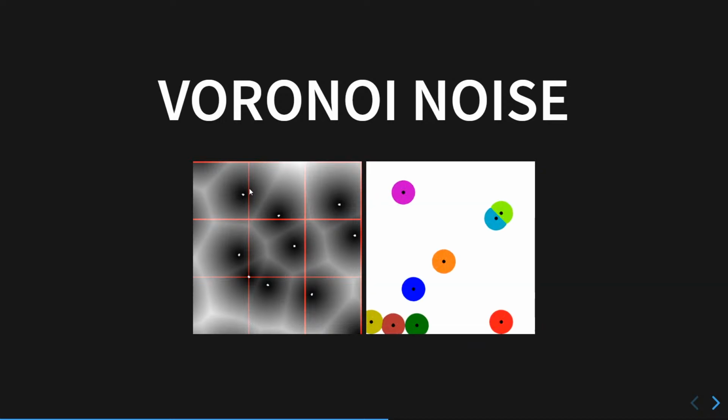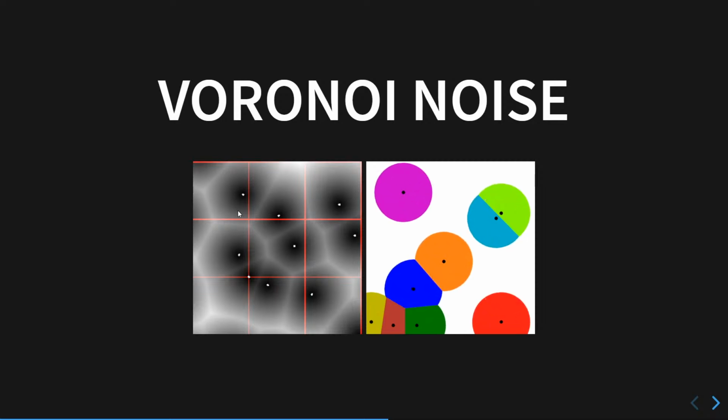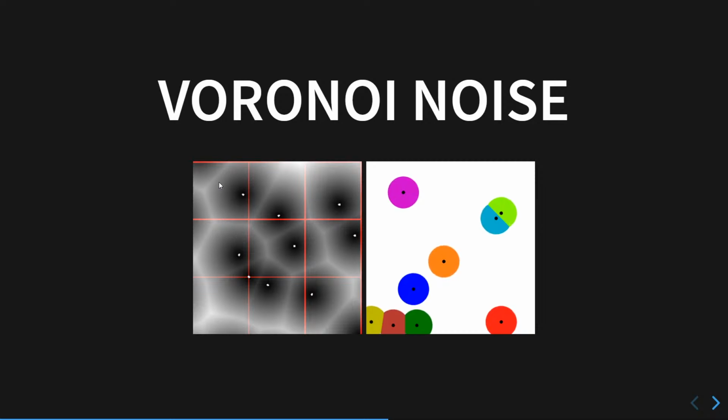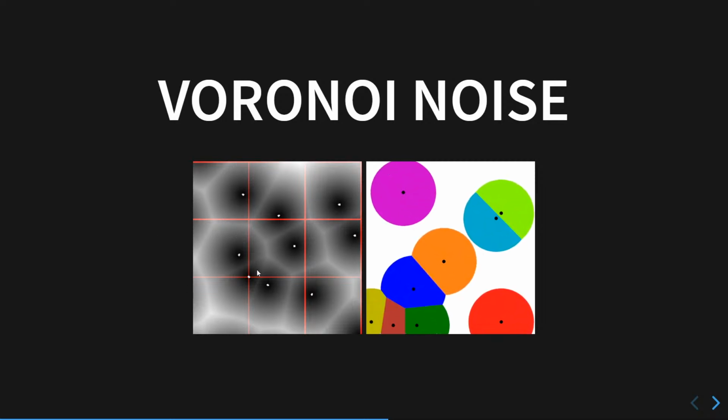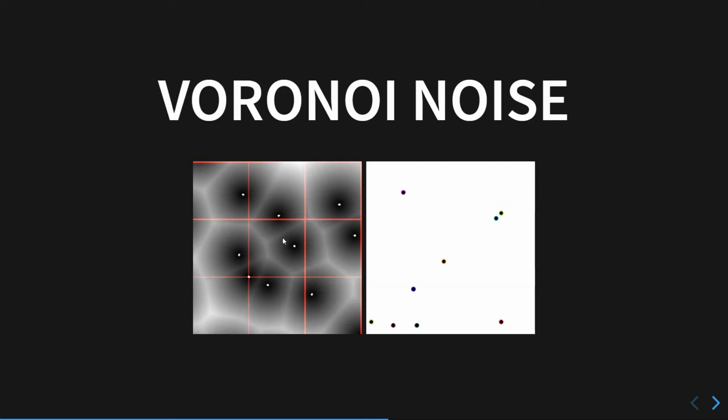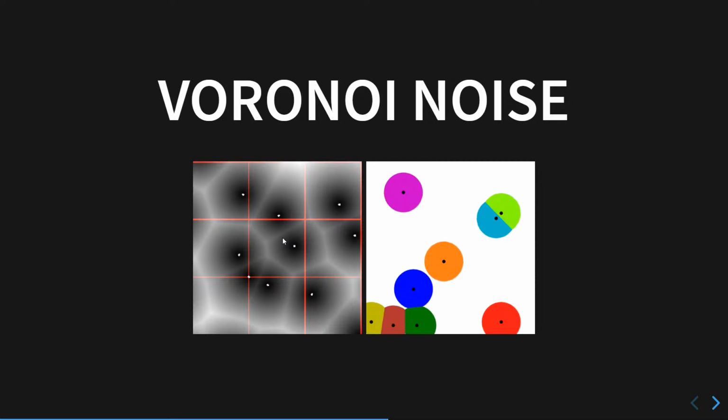And the color of each pixel is determined by its distance to the nearest point. So the ones that are close are black, farther away are white, and it kind of gives this cellular look, which is why it's sometimes called cell noise. And this is pretty useful for some water effects.